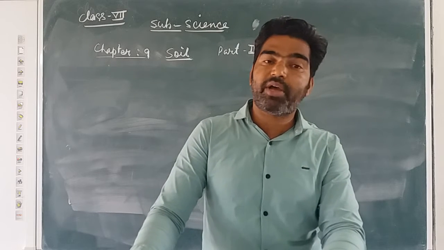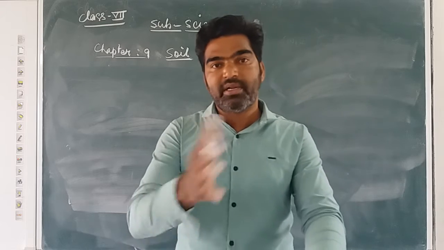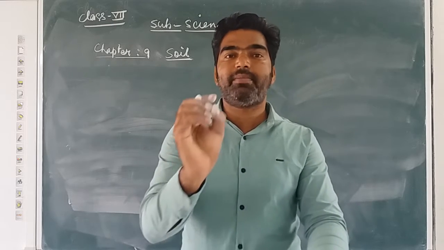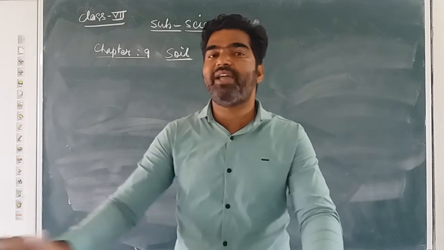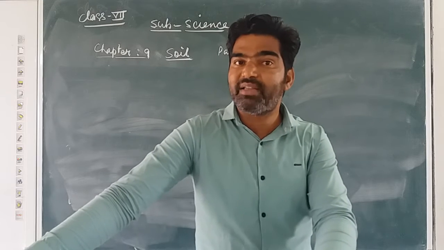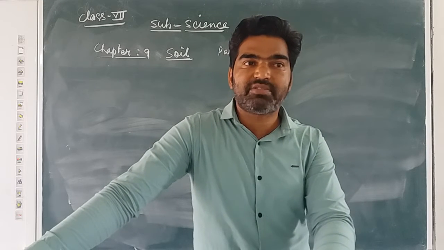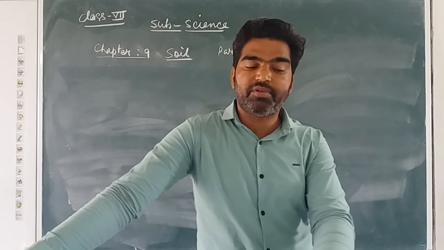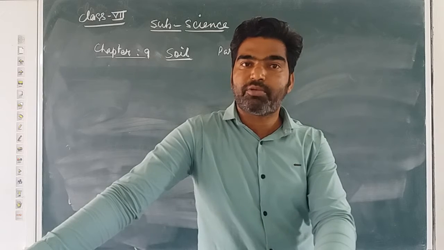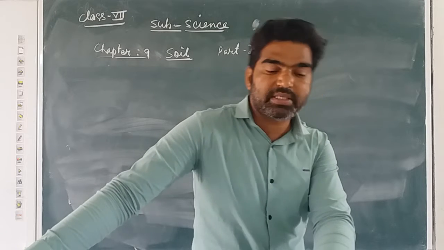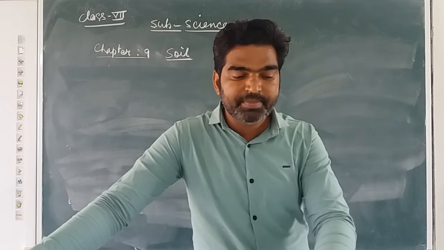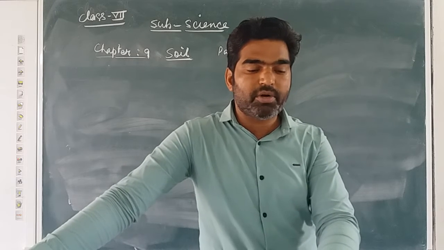Clay soil has small particles, as I discussed in a previous class. Clay soil has small fine particles, the size is very fine, so that's why it can hold water for a long time. Because of that it has the slowest percolation rate. Sandy soil lets the water percolate faster.